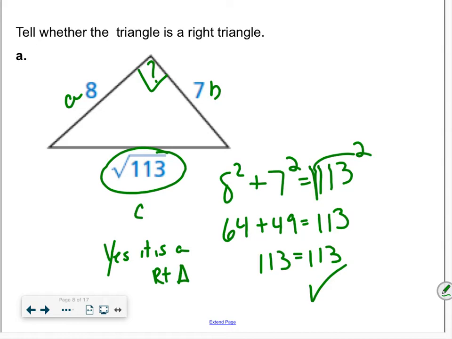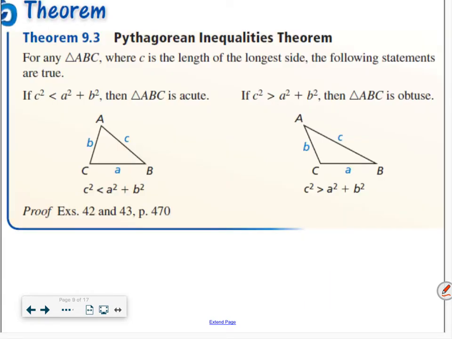But sometimes when you have a situation like this, you're going to get something that might not be equal. And that can give us some interesting information as well. These are the inequalities. And when you put numbers into the Pythagorean theorem and you get that c squared is less than a squared plus b squared, that's going to tell you we have an acute triangle, that c is not a right angle, it's actually smaller than 90.